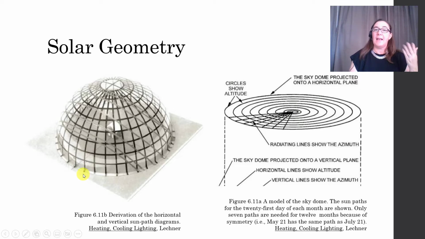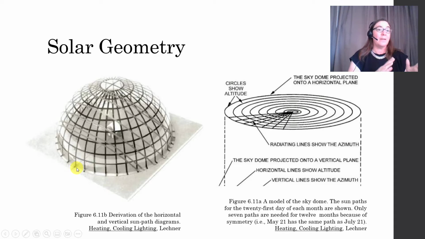And then azimuth is your horizontal angle. And so each one of these almost vertical pieces is measuring a different azimuth as you move around your central site.